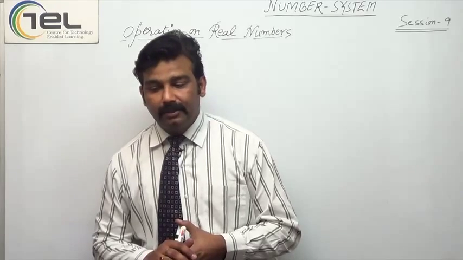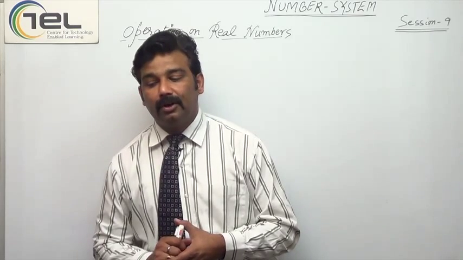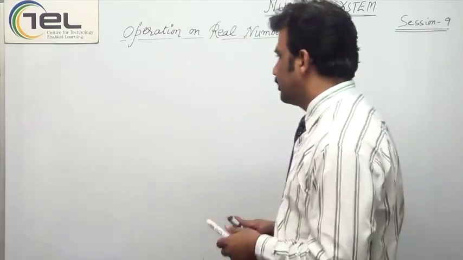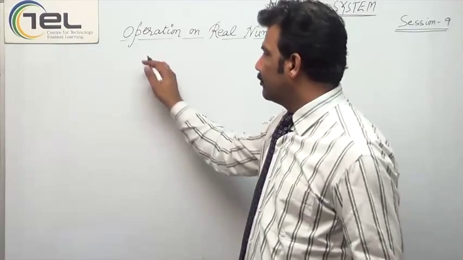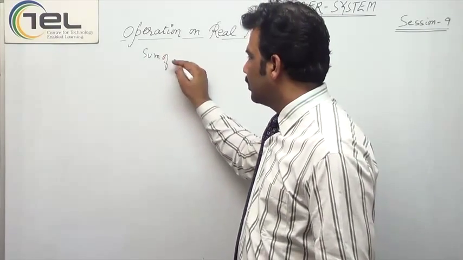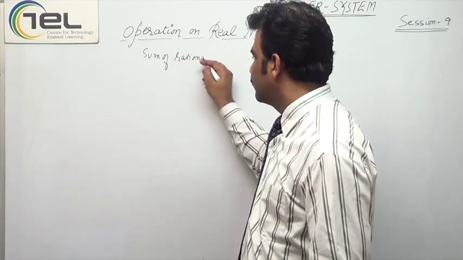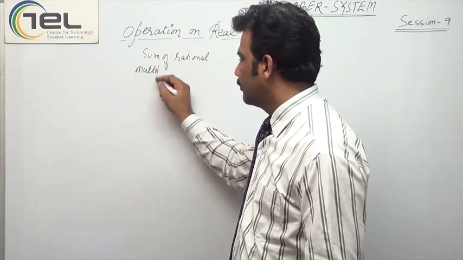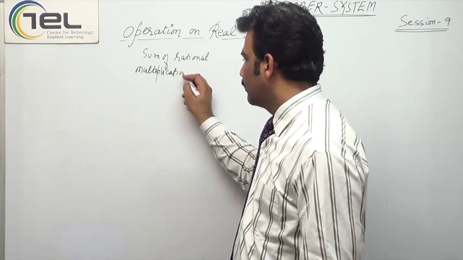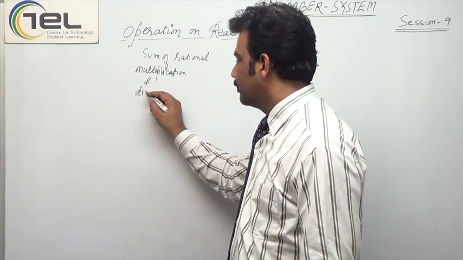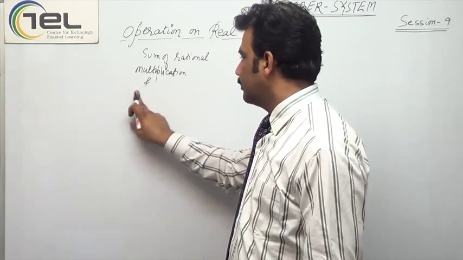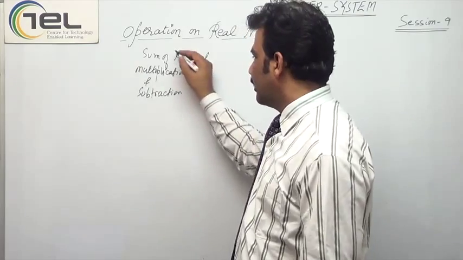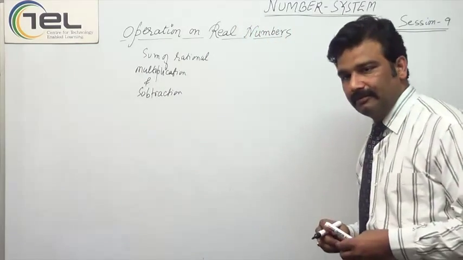The statement that the sum or difference of a rational number and an irrational number is a rational number is a false statement. The sum, multiplication, division and subtraction of rational numbers is a rational.